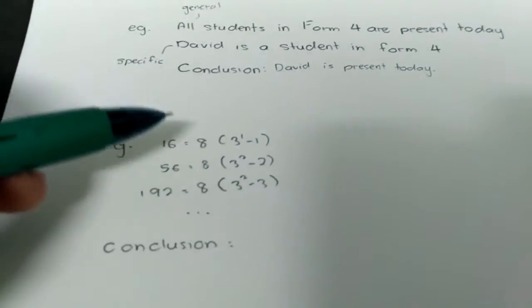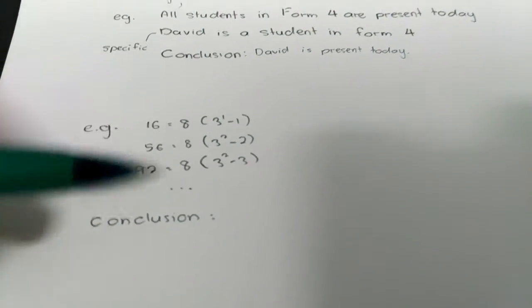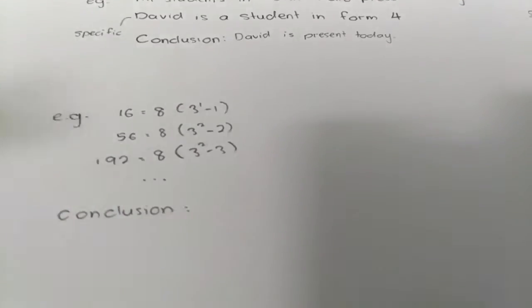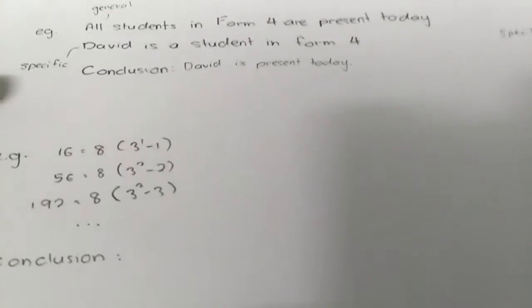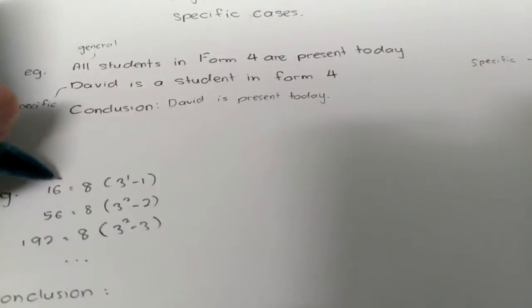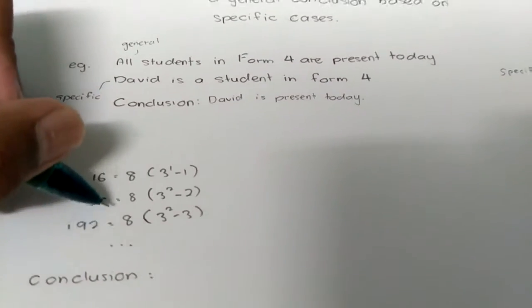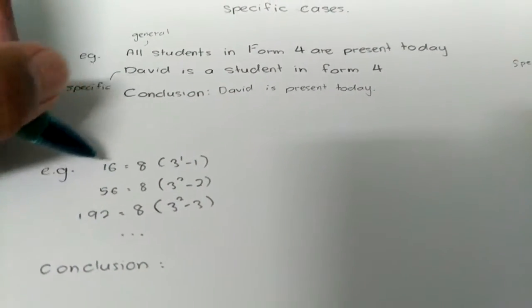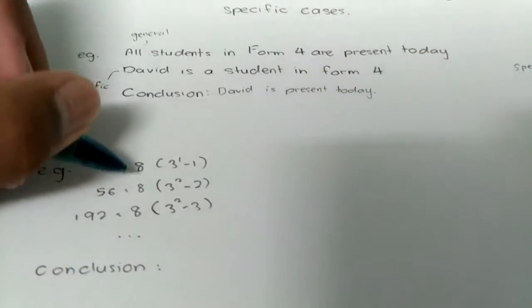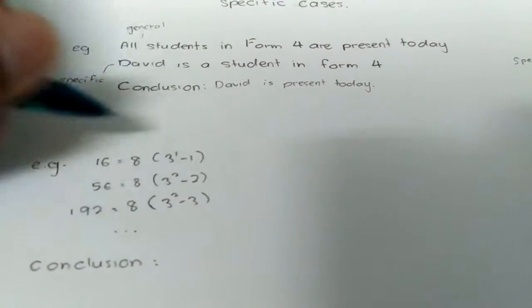That's the answer. Simple, right? So for induction, it's also very simple. These equations: 16 is equal to 8 bracket 3 power of 1 minus 1, and others, and it has dots. So the conclusion that you must make: first, leave the numbers in front of the equal sign. Just focus on the numbers at the back.